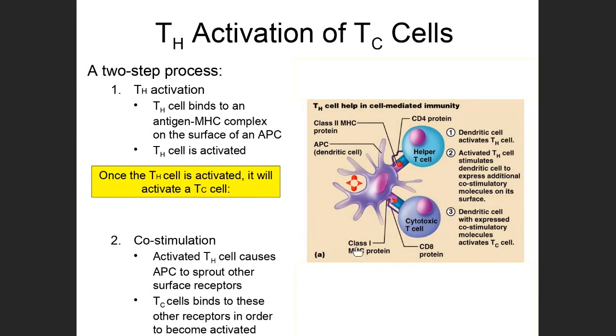This receptor provides a place for cytotoxic T cells to bind. The binding of these cytotoxic T cells to this receptor is going to activate them so that they go out into the body and start looking for cells of the body that are displaying that particular antigen. And when they find those cells, they're going to destroy them through lysis, which is a process where they puncture the cell membrane, and that causes all of the internal contents of the cell to spill out, which destroys the cell.